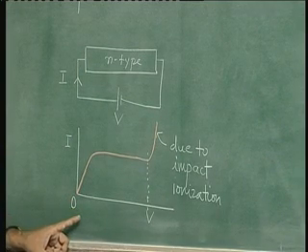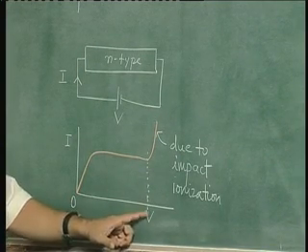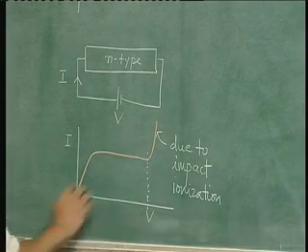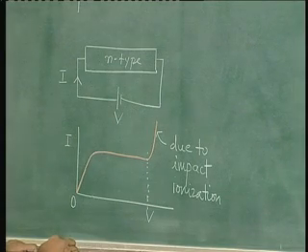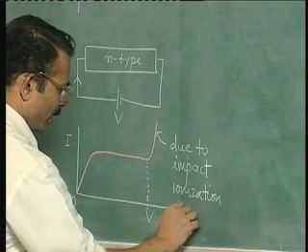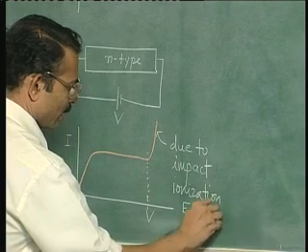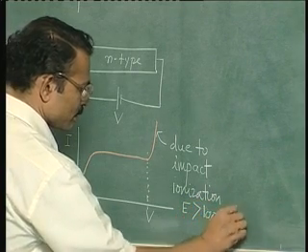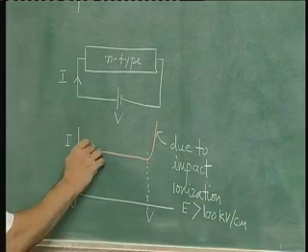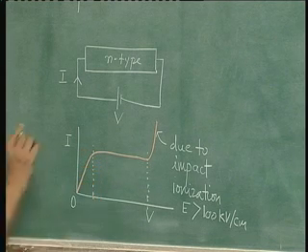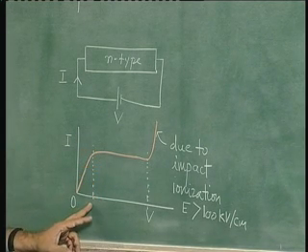The fields involved here are of the order of 100 kilovolt per centimeter. So E is greater than 100 kilovolt per centimeter, whereas the fields involved here are of the order of about 20 kilovolt per centimeter.